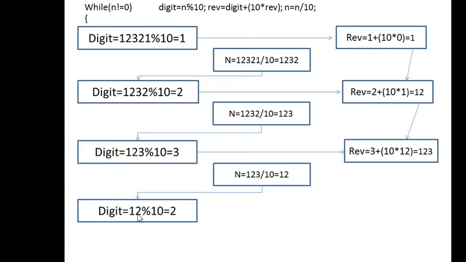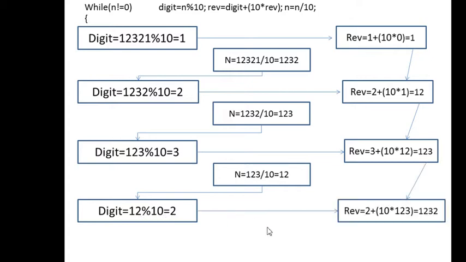So 12 modulus of 10 is 2, that is the remainder, and you get 2 plus 10 into 123, that is 1 2 3 2. Then we take the previous n and divide by 10, which is equal to 1.